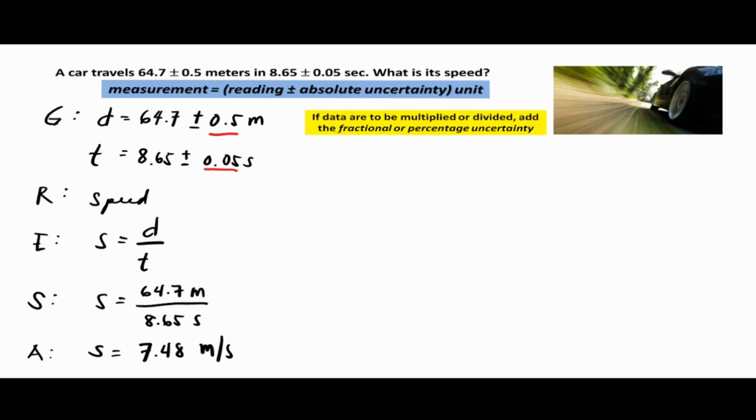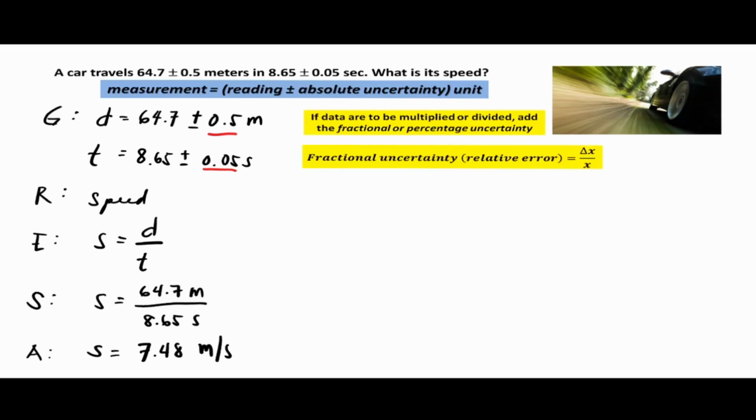Now in propagating errors, if data are to be multiplied or divided, we add the fractional or percentage uncertainty. We recall that fractional uncertainty, or the relative error, is equal to delta x divided by x. In our case, we have our speed, delta S divided by S, equal to the sum of the fractional uncertainties of our data: absolute uncertainty for distance, delta d, divided by distance, plus absolute uncertainty for time, delta t, divided by time.